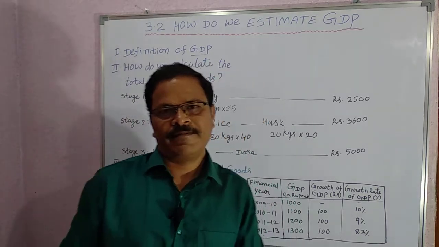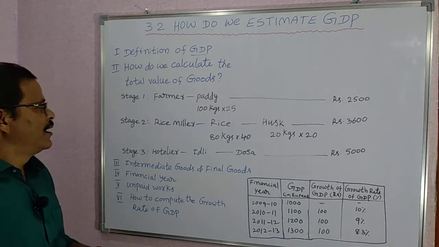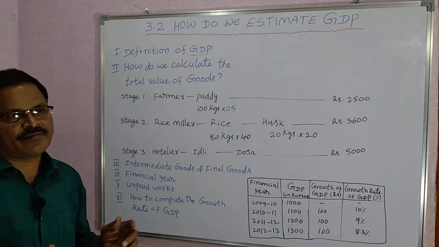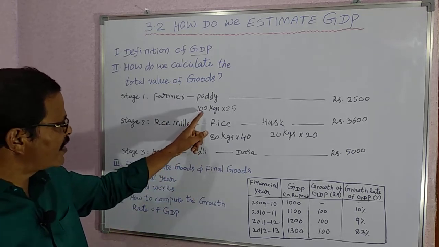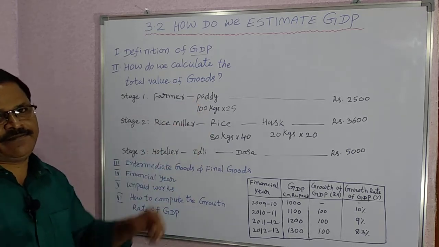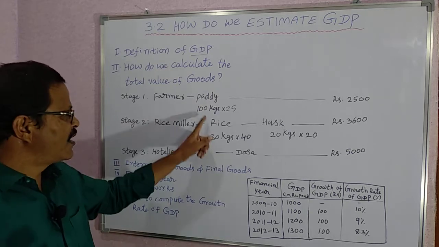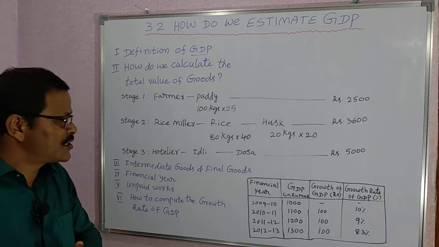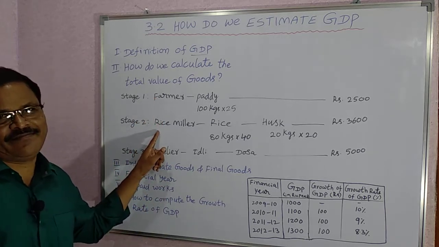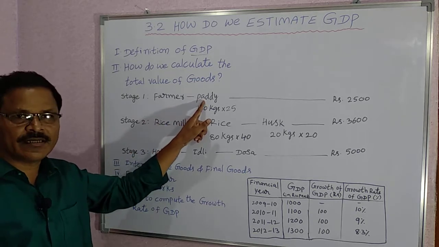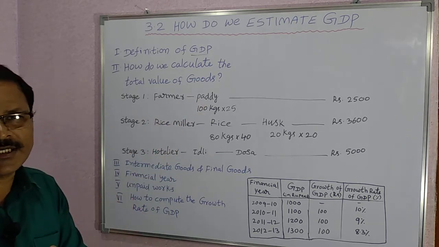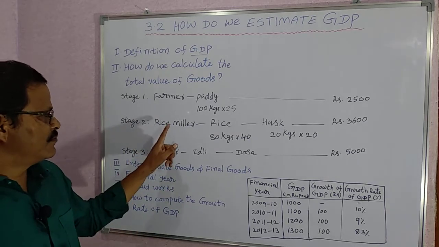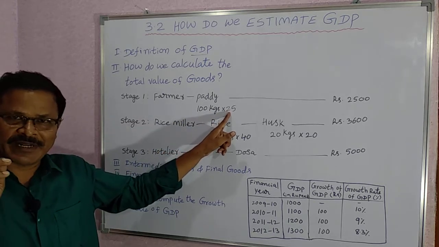Take for example, a farmer produces 100 kgs of paddy in his field. Later, he sells these paddy grains to a rice miller at 20 rupees per kg.